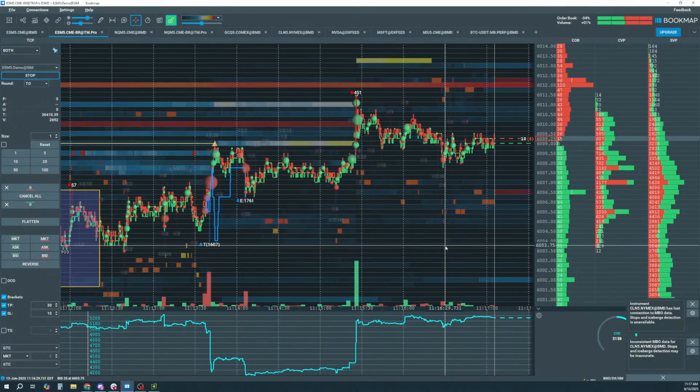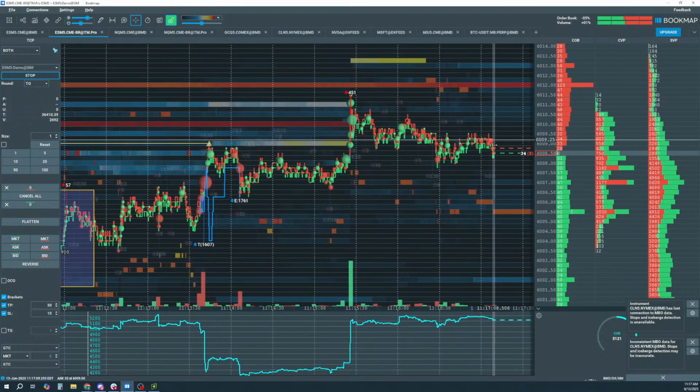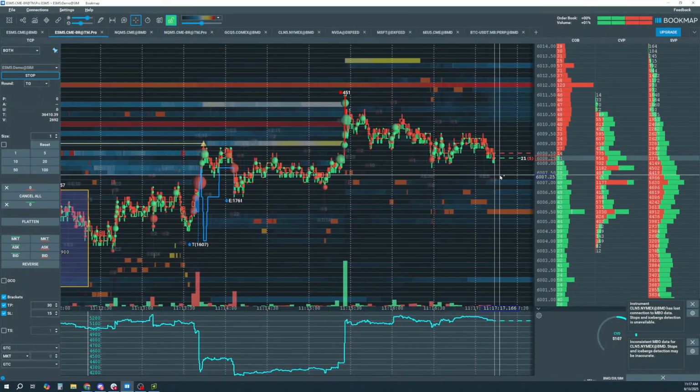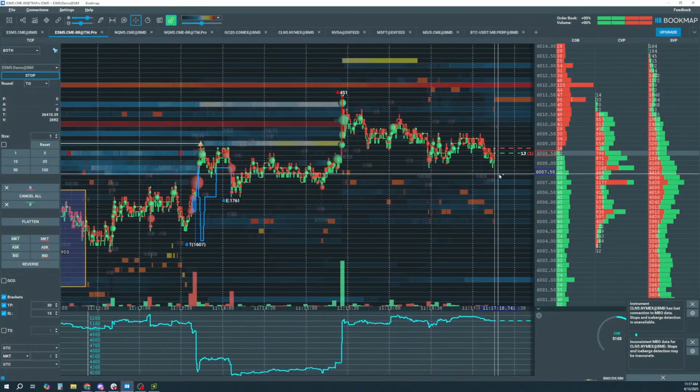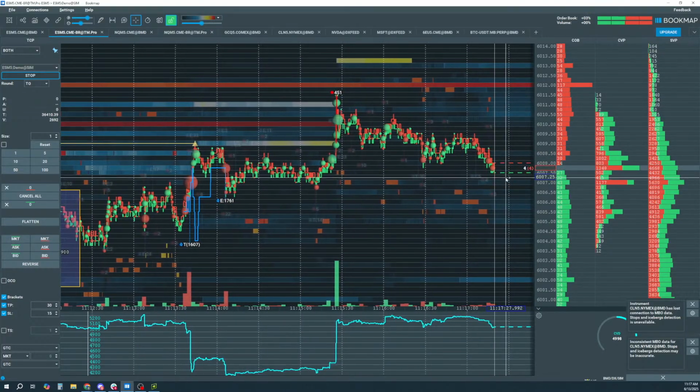Let's put it this way, coming up on the European close, I would imagine a lot of European traders don't want to be long this market. So I'm looking for them to kind of sell into the close here.